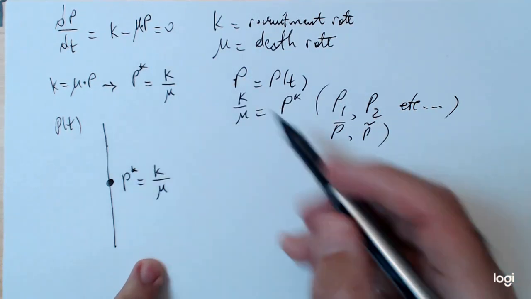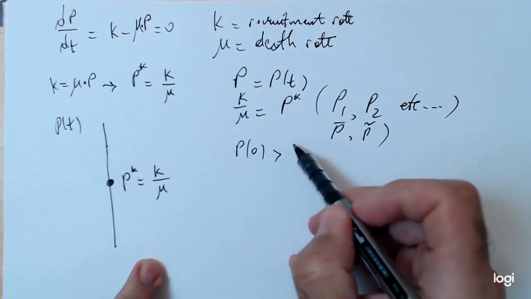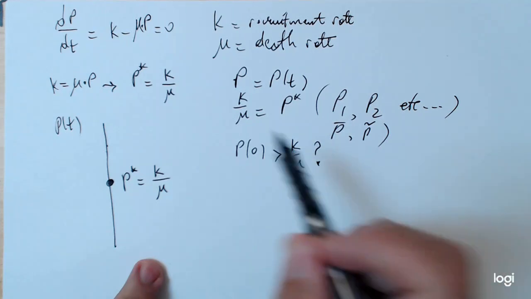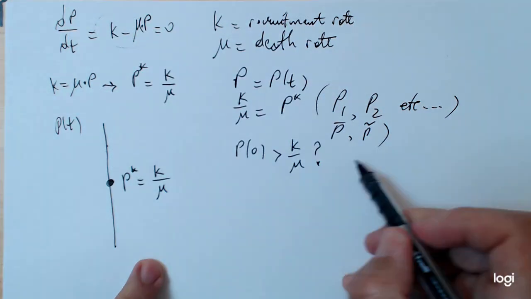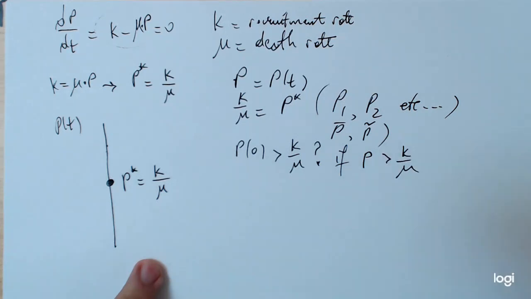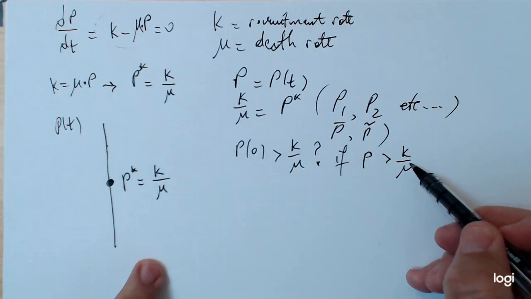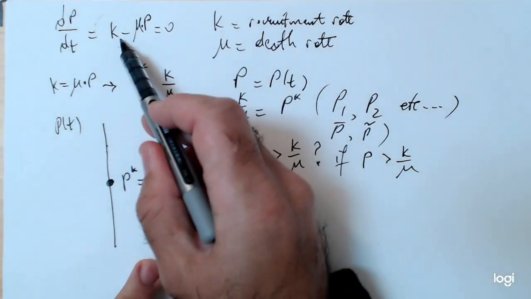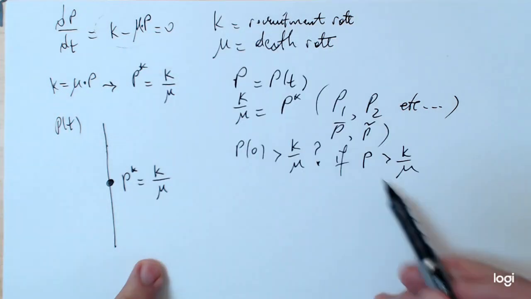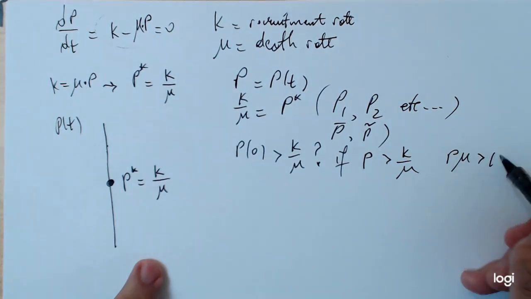So what happens if I start with some population above k over mu? What is the sign of this expression if p is greater than k over mu? Well, you can rewrite the inequality in the terms you have here. If p is greater than k over mu, that's the same thing as p mu greater than k.